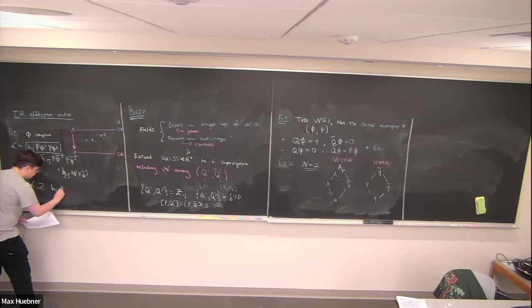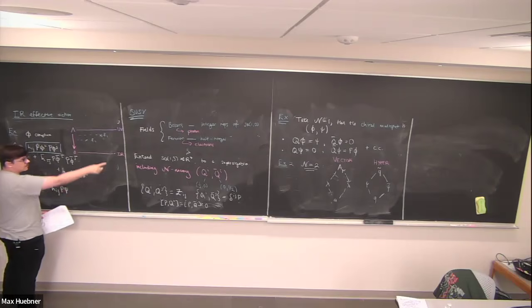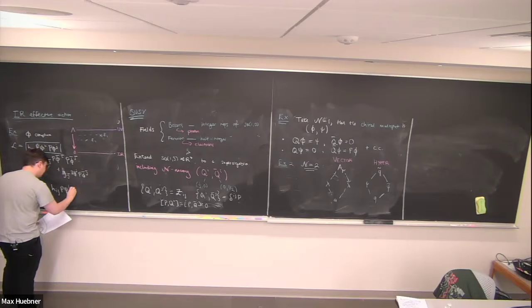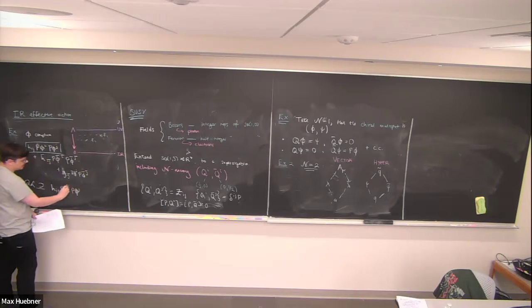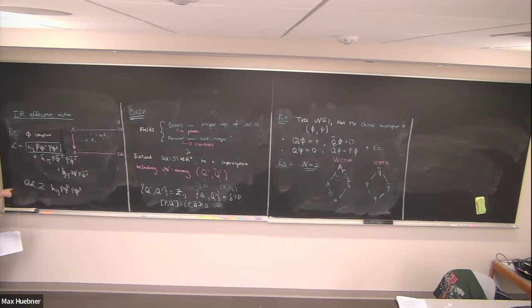H_ij, P psi_i, P phi_j, where psi is now the spinor that's related by those relations over there. And then you'll also get them exchanged, so I'll symmetrize the indices, okay? So this is within the SUSY variation, right?